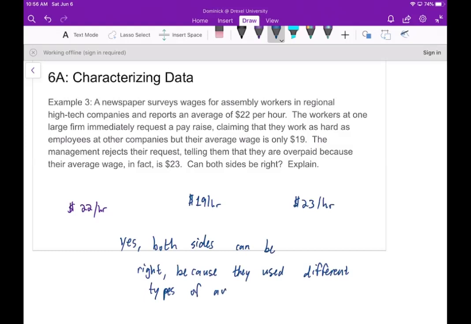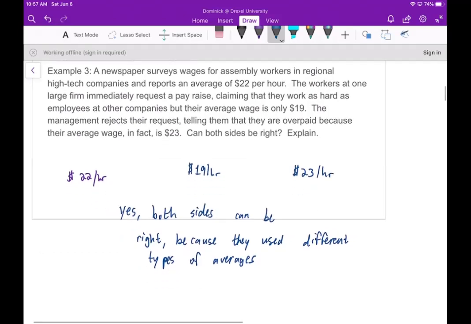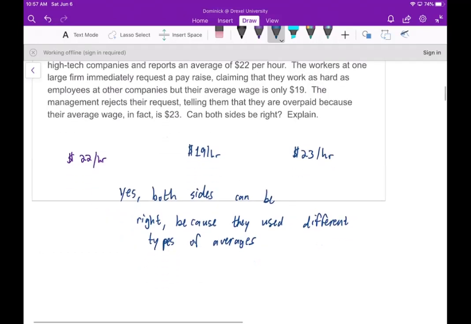So for example, management, if they reported $23 an hour, they might be using the mean as their measure of average, and the CEO's salary is throwing everything off, right? And of course, the $19 an hour employees might be using the mode or something like that. So that's the idea.